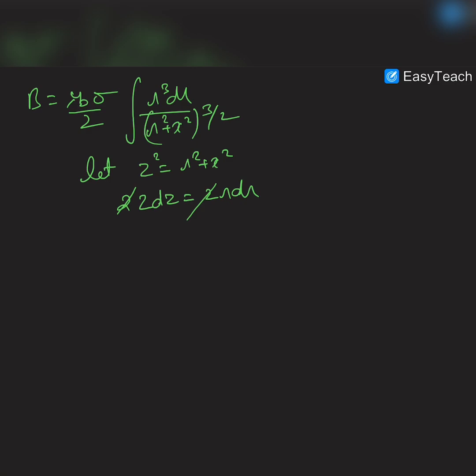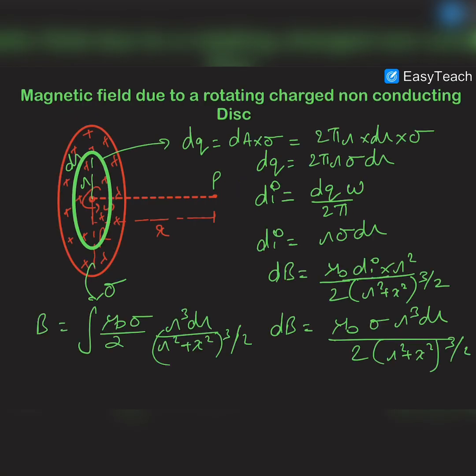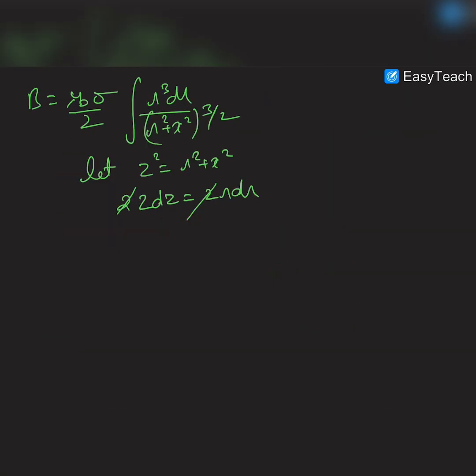In fact, x is the constant distance of this point from the center of the disk. So we should always integrate about r. So B will be equal to mu naught sigma by 2. Sometimes my 2 appears as z, so this is a real cause of confusion among the students.